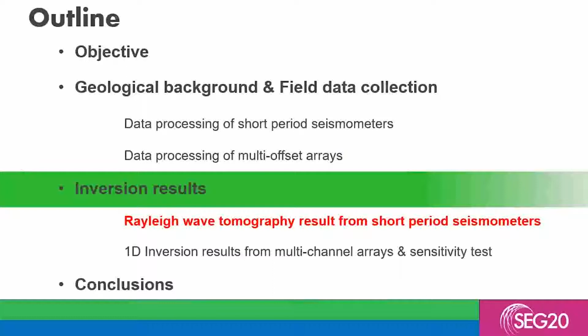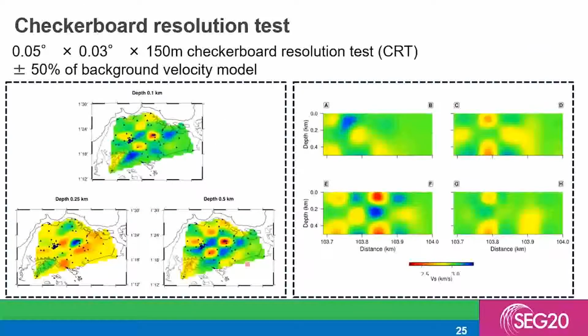And in the next part, I will introduce the surface wave tomography result from short period seismometers. For testing the group velocity tomography resolution in both horizontal and vertical directions, we construct a 3D checkerboard model with a grid of 0.05 degree times 0.03 degree in horizontal and 150 meters in vertical.